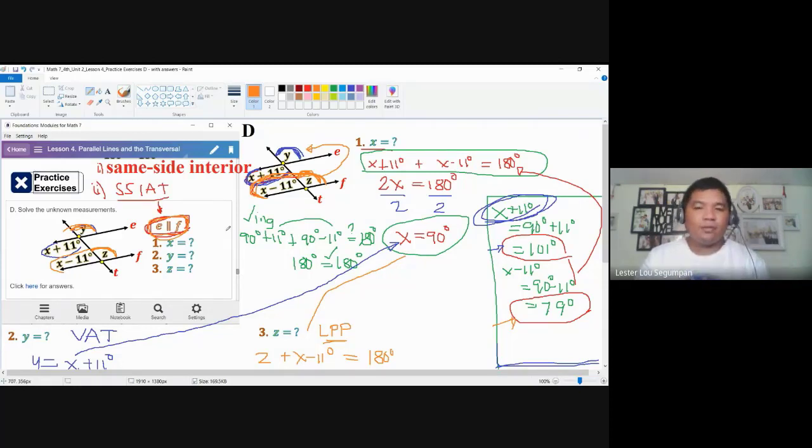Simply remember the relationships for the angle pairs formed by a transversal line, especially when they are parallel lines, and also use the concepts of previous angle pairs, specifically vertical angles and angles forming a linear pair.